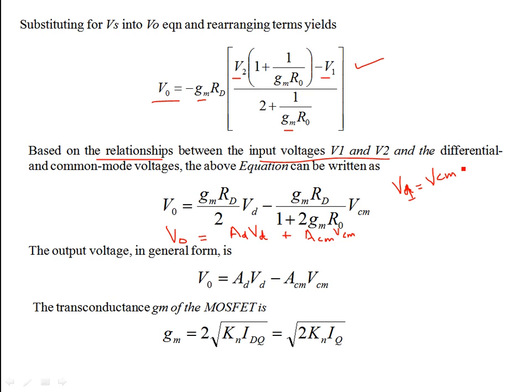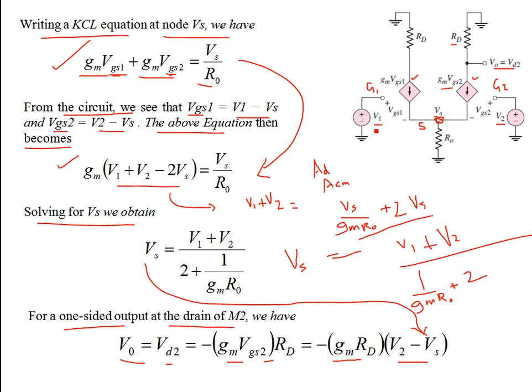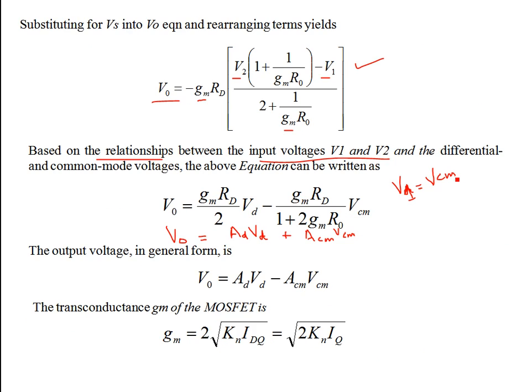V1 is the voltage at the first MOSFET gate. So V1 is VCM plus VD by 2, and V2 is VCM minus VD by 2.